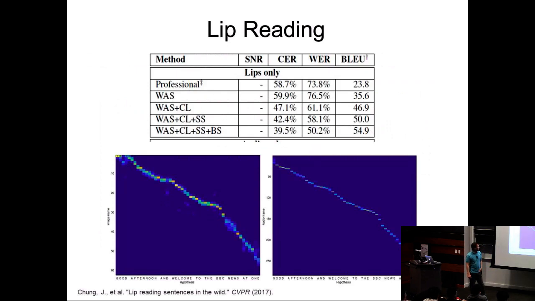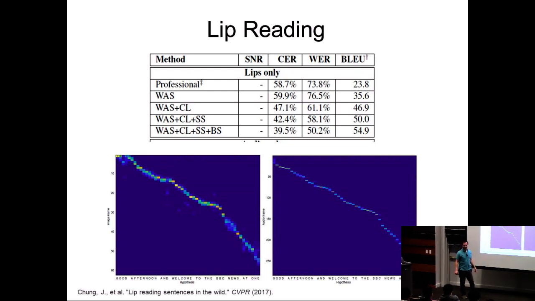And this is what happens in terms of alignment, or in terms of attention. This is the image frame when the person is saying something, and this is what the person is saying. They wanted to show that if a person is saying "good afternoon and welcome to the BBC News at 1", then whenever you say BBC, you're paying attention to certain frames in the video when the person is saying BBC.